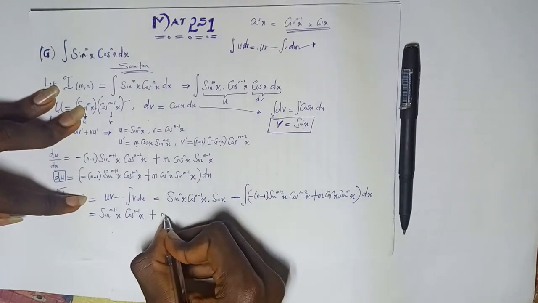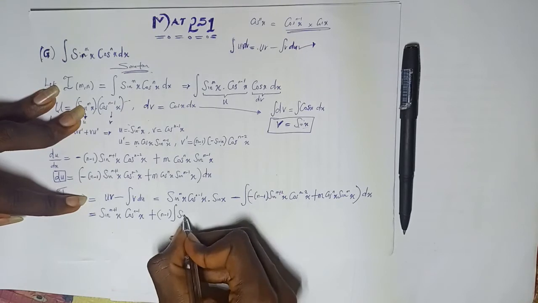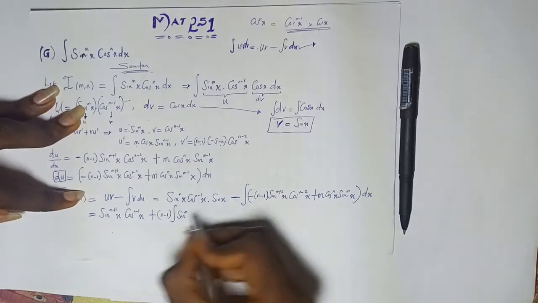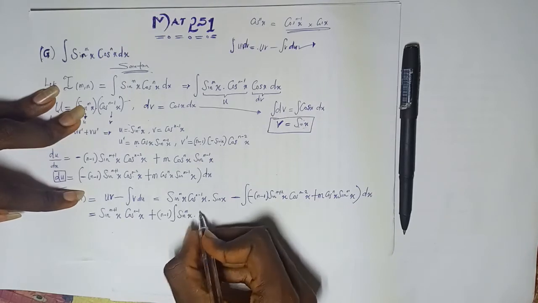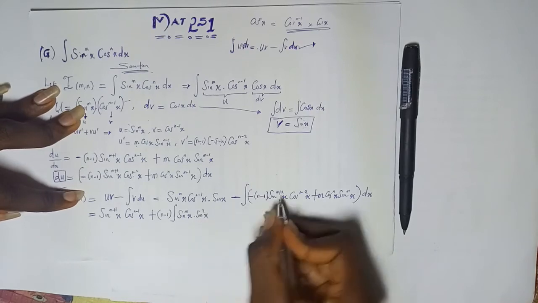Then the n minus 1 comes outside of the integral. What I have left is sine of m plus 2. Now you see this m plus 2, I can split it up as sine mx, then with another sine square of x. Do you agree with that? So it's still the same thing.